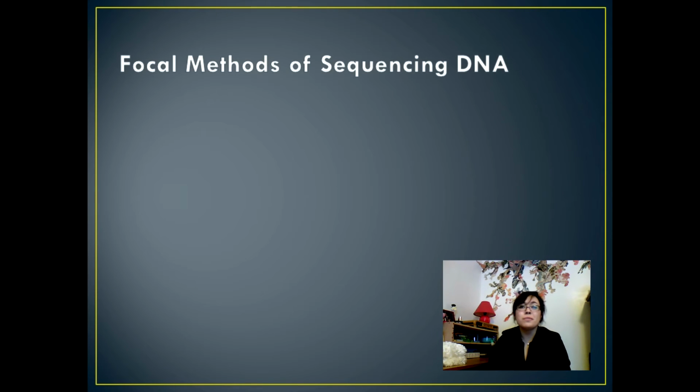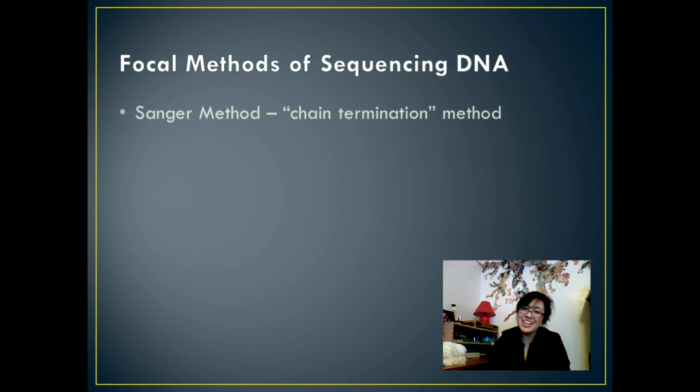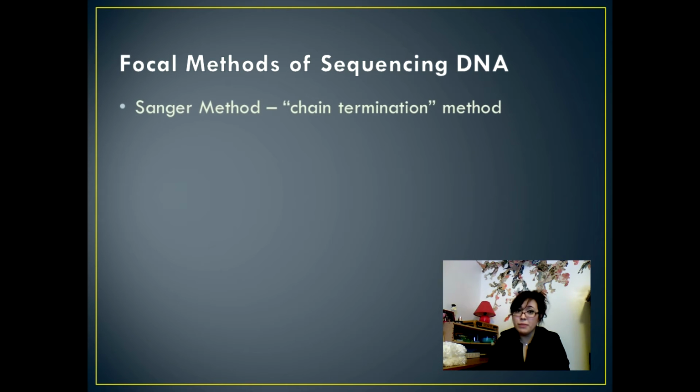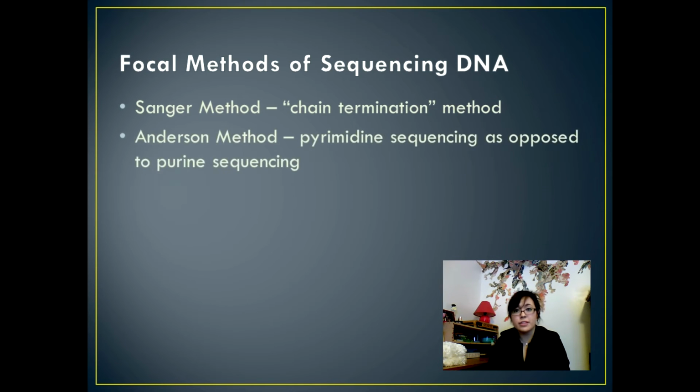So, when sequencing DNA, there are two main focal methods. The most widely used method is known as the Sanger method, or chain termination method. The second method, which we will be focusing on, is the Anderson method.